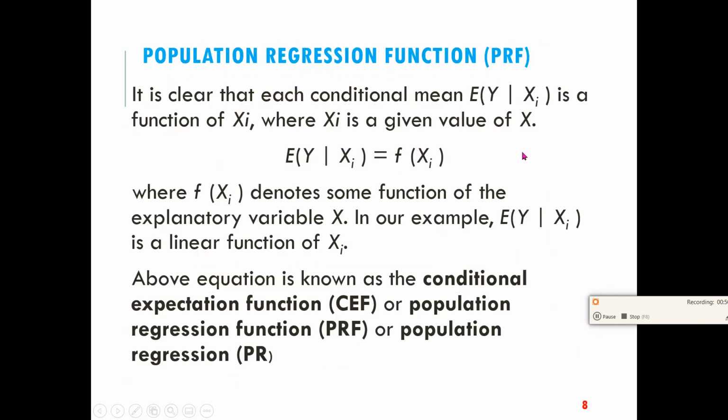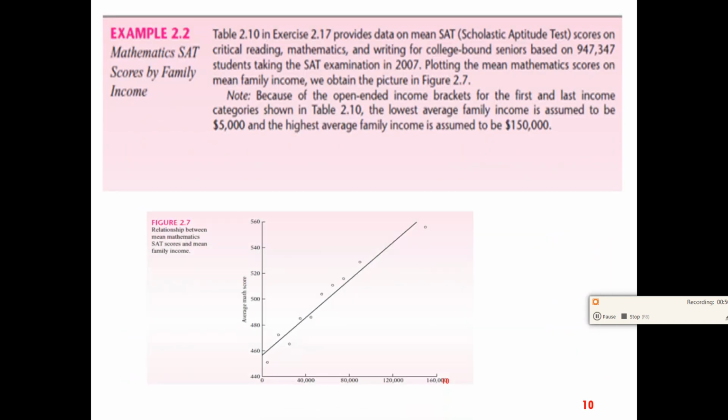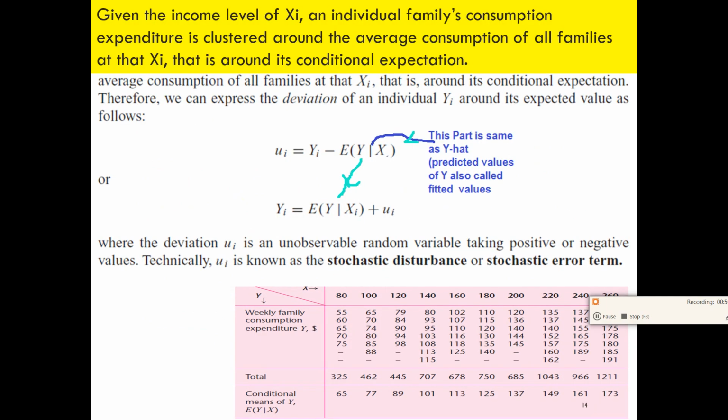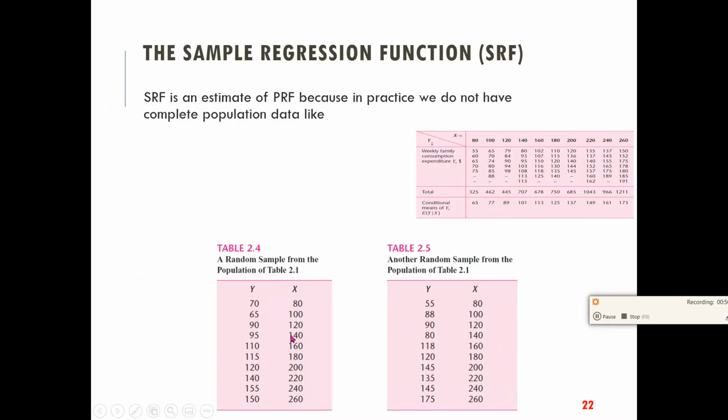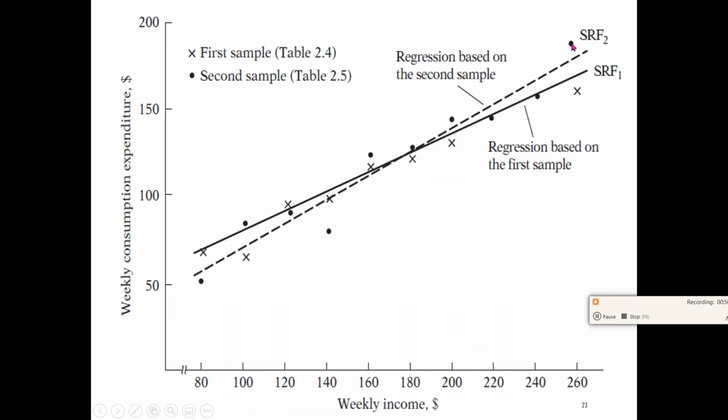But the sample regression function, you see, if the sample changes, coming back to the slide having the data, you see, if the sample changes, so does the SRF. As sample regression function 1 and 2, they are different because they are coming out of different samples.